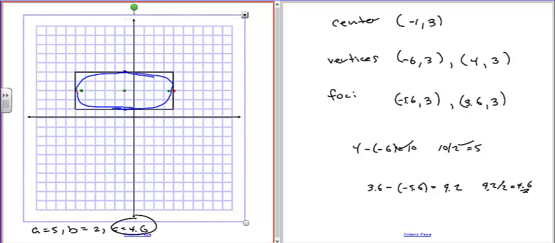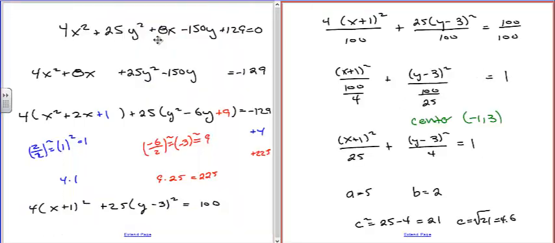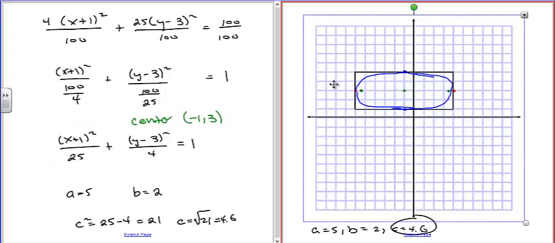So let's kind of just review what we did there. Take the equation, complete the square, get in standard form where everything equals 1. Simplify the denominators if you can do that. Once you have A and B, you can find C. Once you have A, B, and C, and H and K, you can plot.